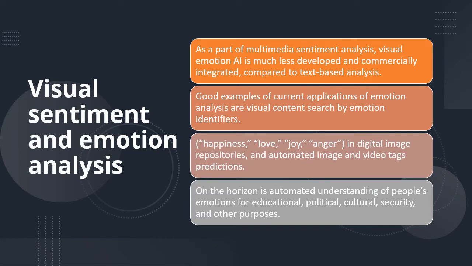Coming to the visual sentiment analysis, which is a part of multimedia sentiment analysis, it is less developed and commercially integrated when compared to text-based analysis. Some examples of current applications of emotional analysis are visual content search by identifier, emotion identifiers like happiness, love, joy, anger in digital image repositories, and automated image and video tag predictions.